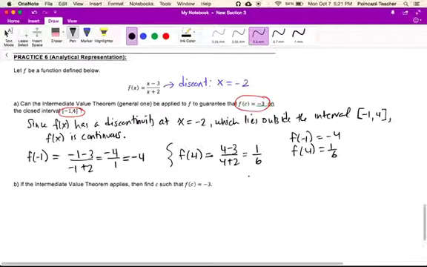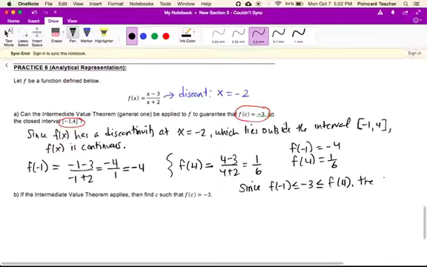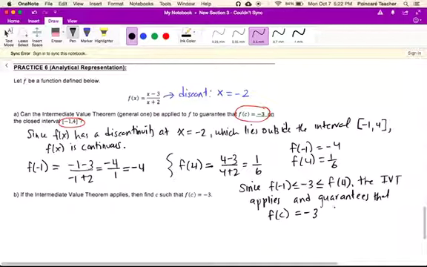So let's write that sentence first. Since -3 is between f of -1 and f of 4, the intermediate value theorem applies and guarantees that f of c equals -3 for some c in [-1, 4].